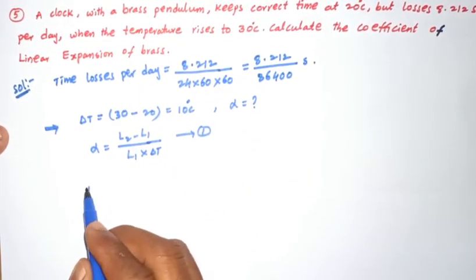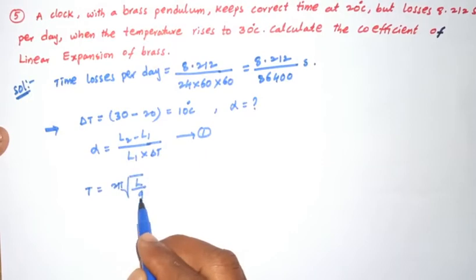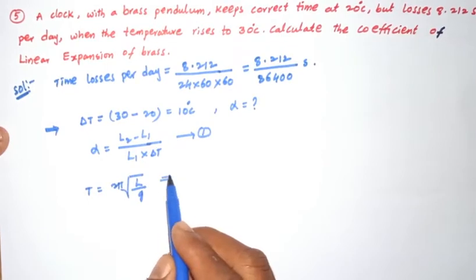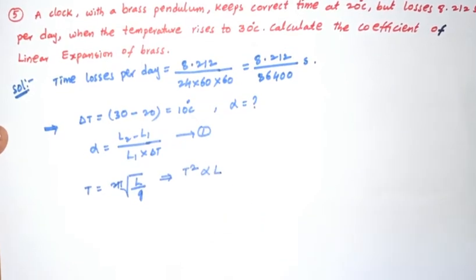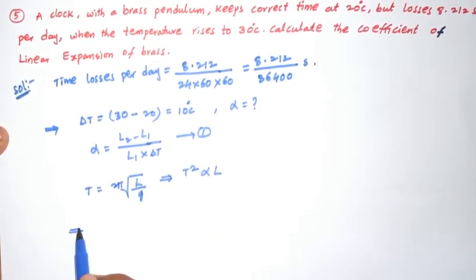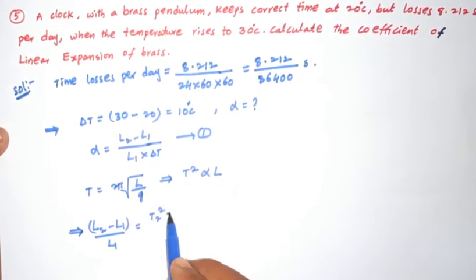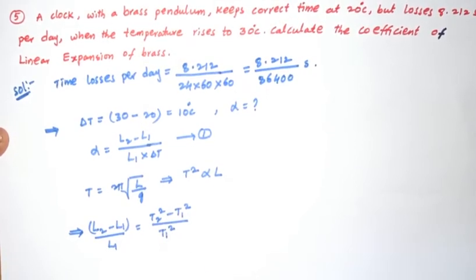For a simple pendulum, the time period T equals 2 pi into square root of L by g. At the place, g is constant and 2 pi is constant, so squaring both sides, T square is directly proportional to L. From this, we can write (L2 minus L1) by L1 equals (T2 square minus T1 square) divided by T1 square.